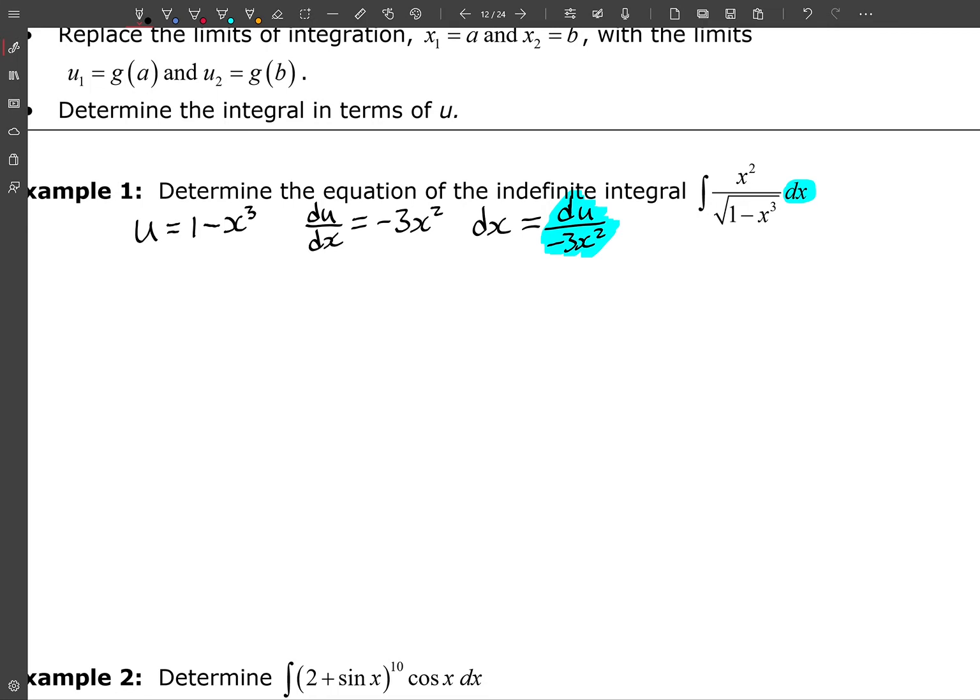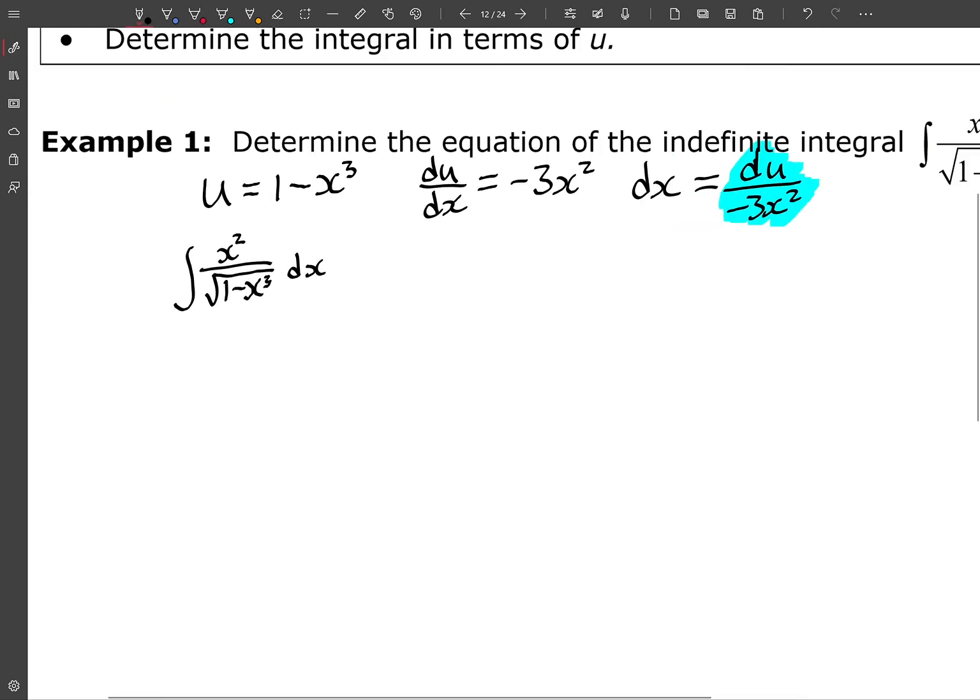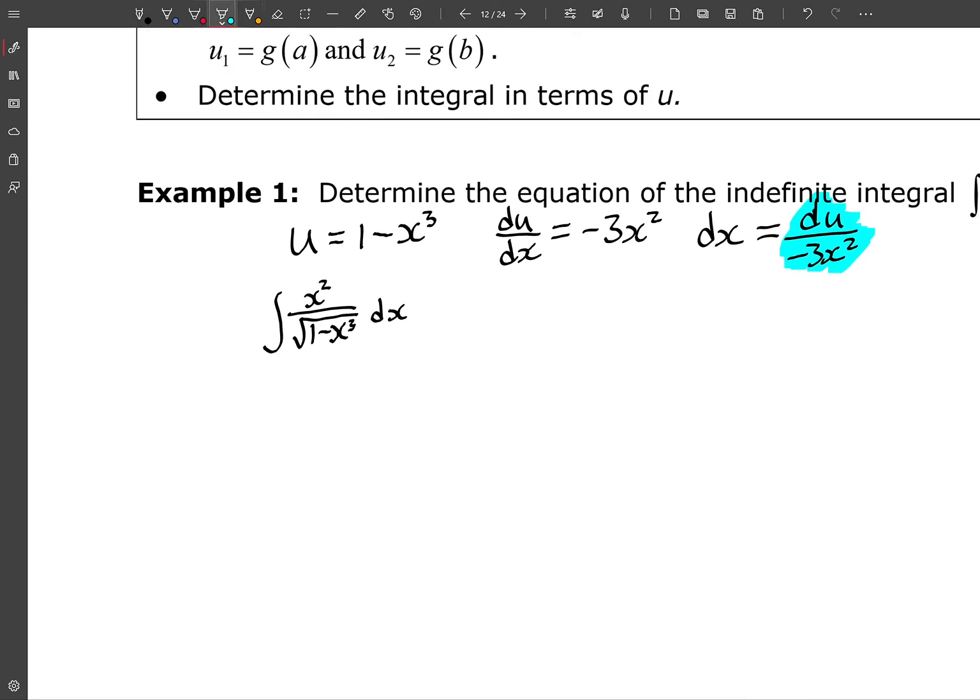Watch what happens. So my original function was the integral of x squared over the square root of 1 minus x cubed dx, right? But I've made some substitutions. I have determined that I want to replace 1 minus x cubed with u, and I want to replace dx with du over negative 3x squared.